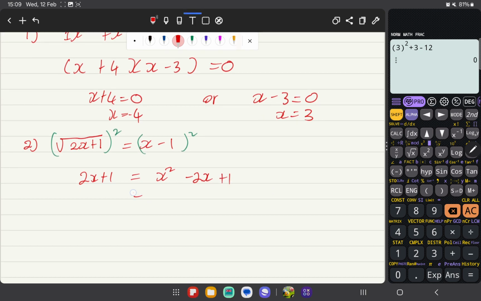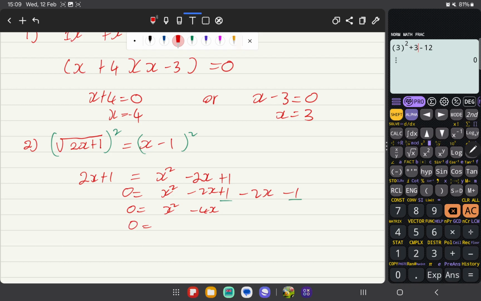Then you can do the transposing, right? You have minus 2x minus 1, x squared minus 4x, and then the ones are going to cancel out each other because of different signs. So this is all that you will have.